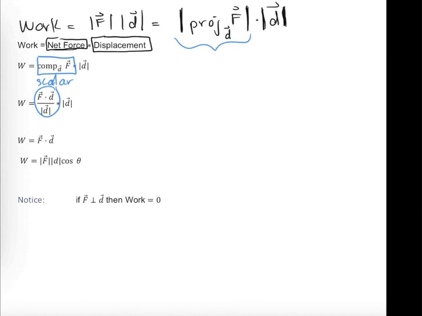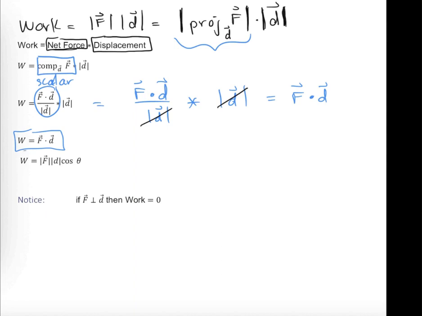And you see that if we take F dot D over mag D and then use that as a multiplier with magnitude D, these two magnitudes are going to cancel each other out, and what we end up with is F dot D.